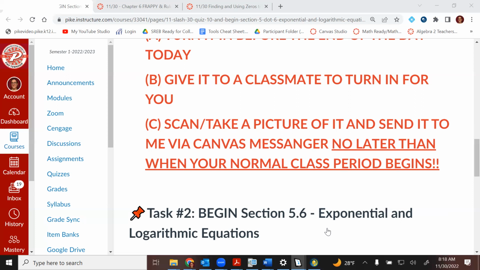How do I deal with this here? Multiply, we're going to distribute that 2. So I would have 2x plus 18 equals x minus 2.